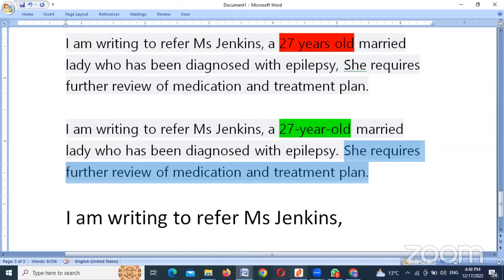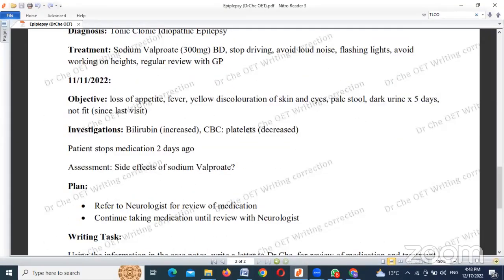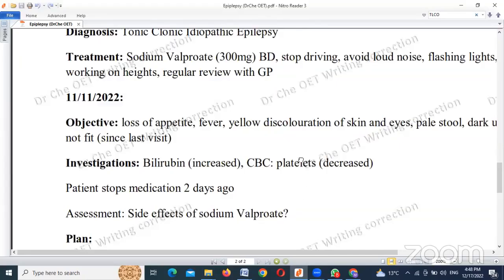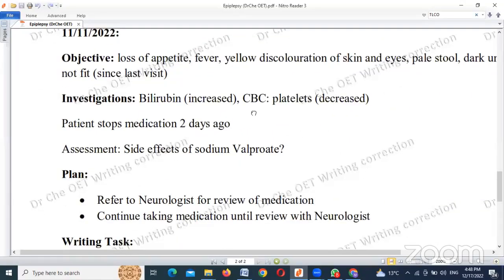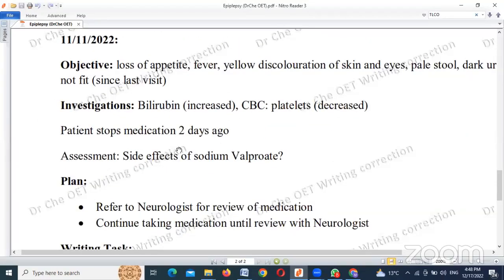No, you need to mention the current issue, the latest issue. So what is the latest issue of the patient? Even this is the diagnosis, tonic-clonic idiopathic epilepsy. But what is the latest issue of this patient? Yes, this is the issue that you have written in the comments.